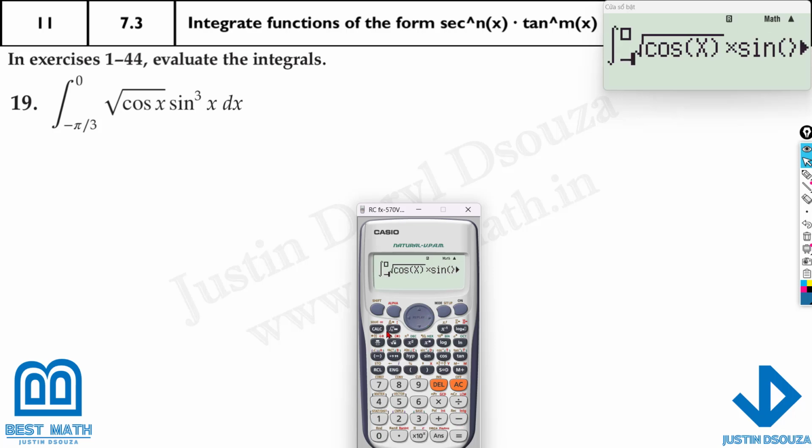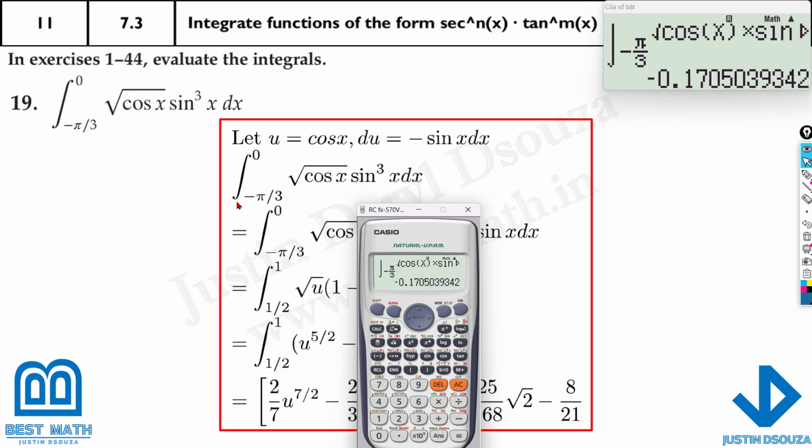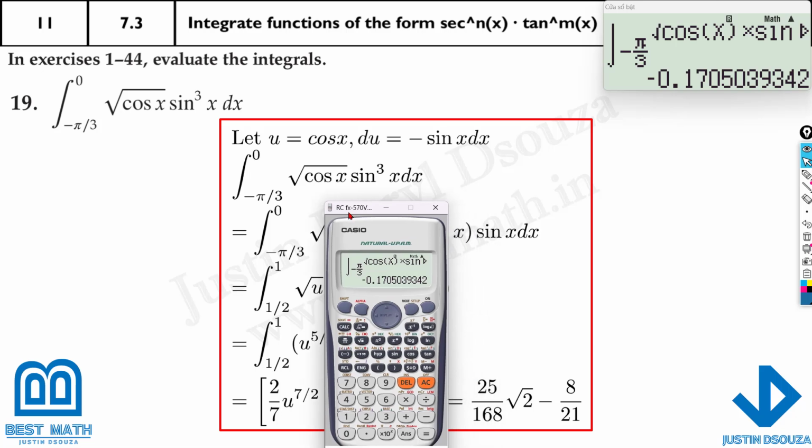Here the limits are minus pi by 3, first lower limit, upper limit is 0. And the answer is, see, now here you get fractions. It's not just a fraction, it's a huge whole big number, right? Let's write minus 0.1705.